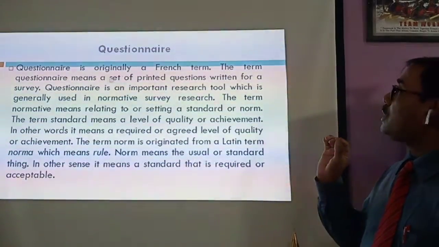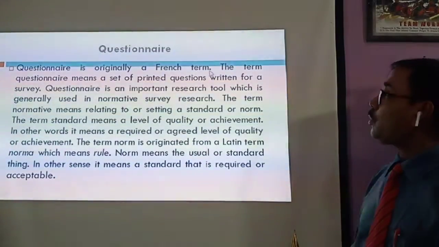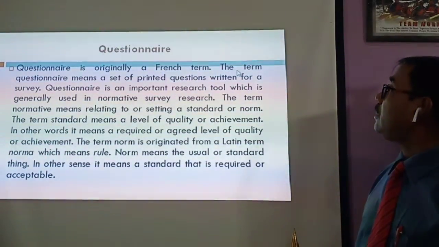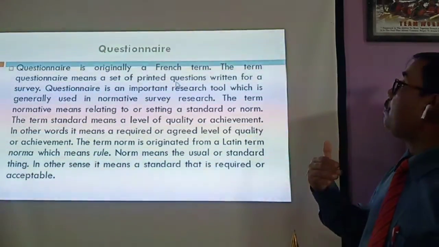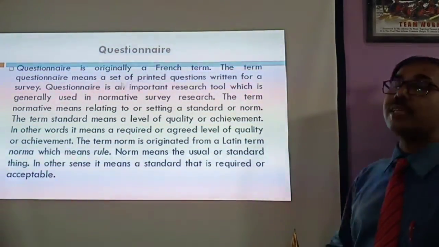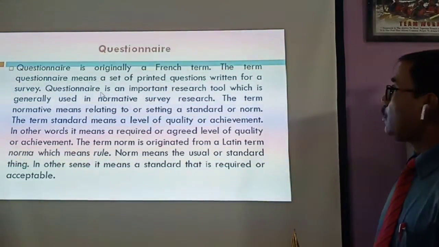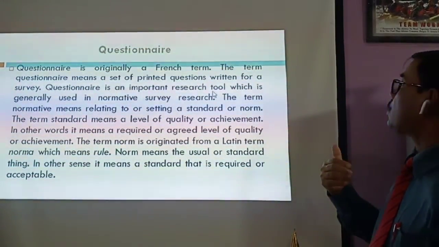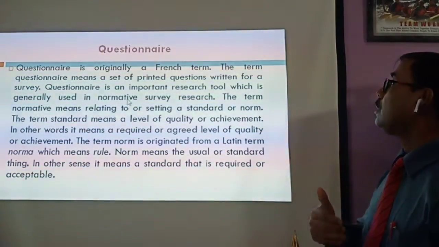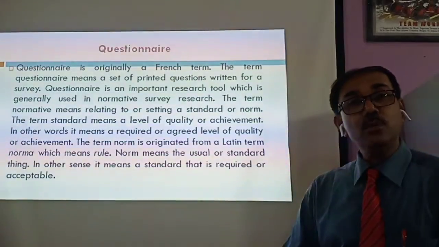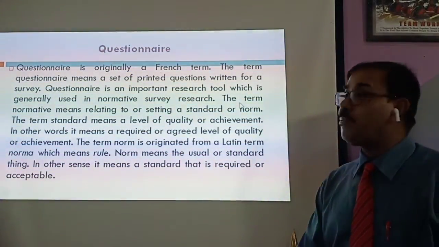The term questionnaire is originally a French term. The term questionnaire means a set of printed questions written for a survey for the collection of data. Questionnaire is an important research tool which is commonly used in normative survey research, in quantitative research, in varied fields.